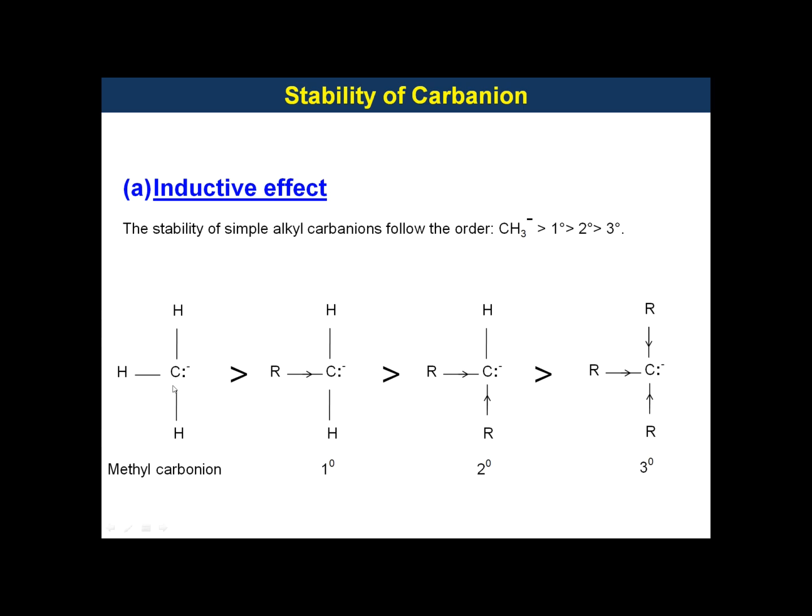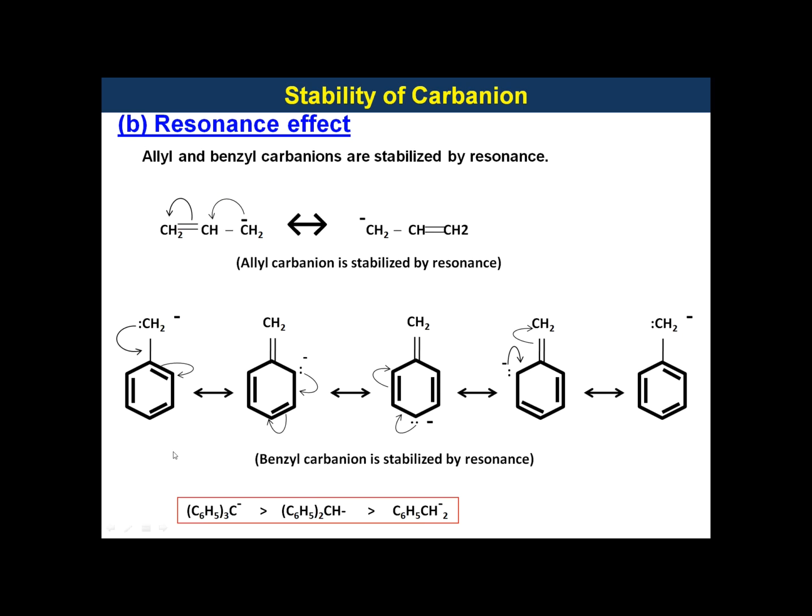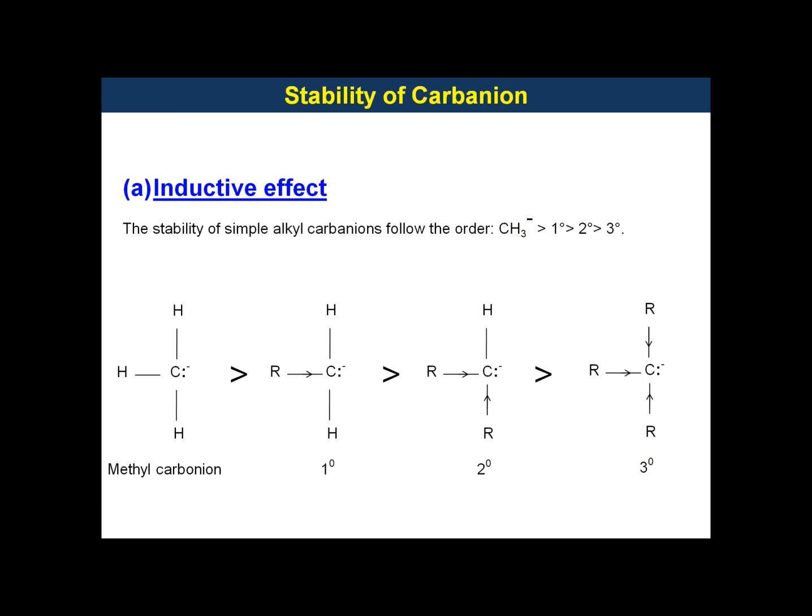Next, secondary, which has 2 alkyl groups, to some extent destabilizes the system. Whereas the methyl one, where there is no alkyl group, so methyl carbanion is most stable.